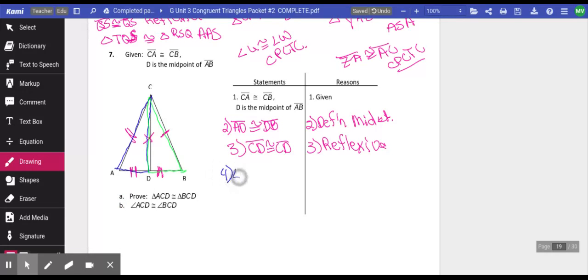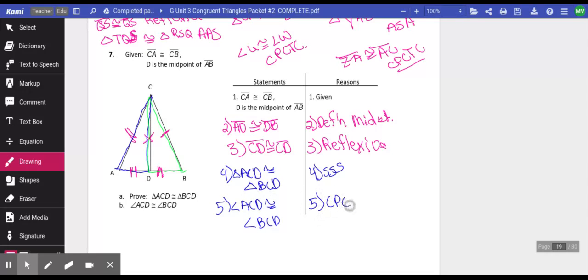So triangle ACD is congruent to triangle BCD, side, side, side. And therefore I know angle ACD is congruent to angle BCD because those are part of the triangles because of CPCTC. If you have any questions, please bring them to class tomorrow.